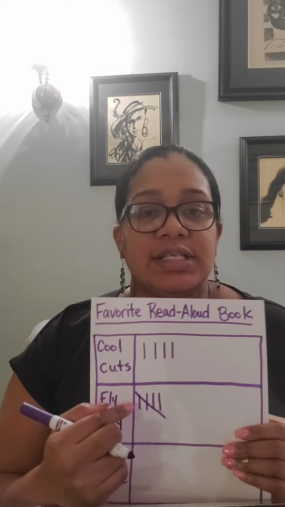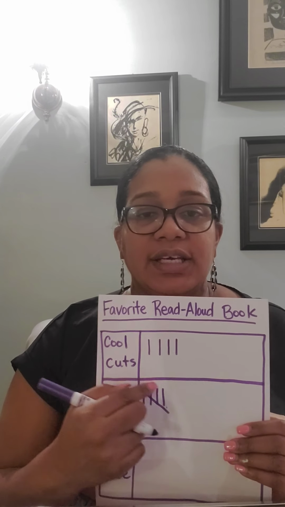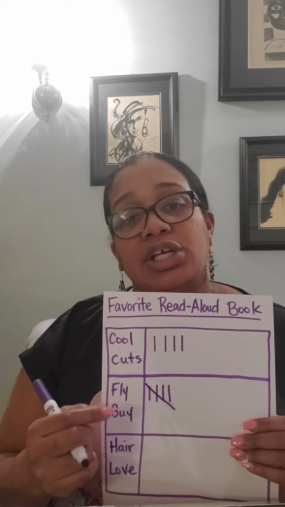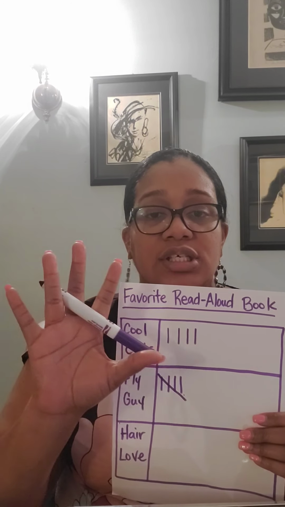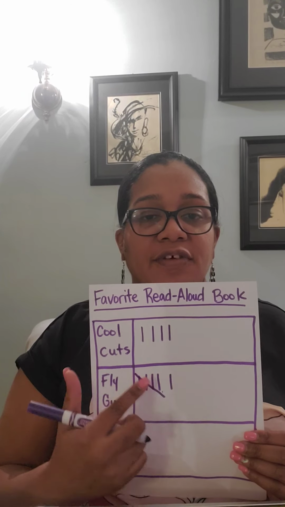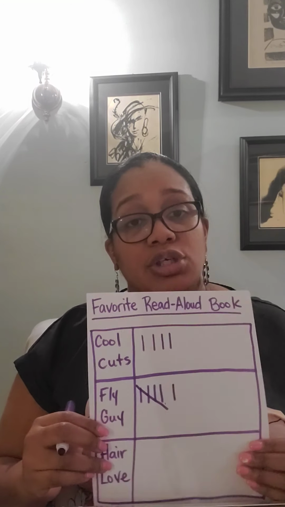Now, when I see tally marks grouped together like this, I automatically know that this is 5. All right. But Fly Guy had 6, so I just add another tally mark. And now 5, 6. It's similar to counting on. If you had that same thought in your mind, kiss your brain.